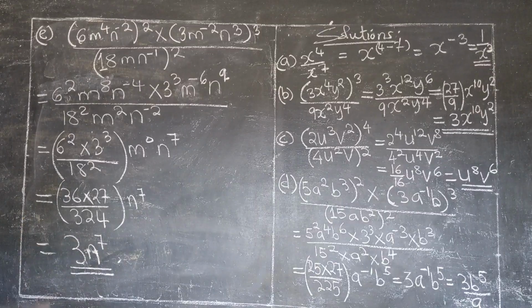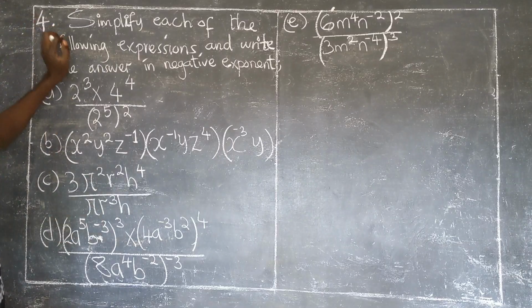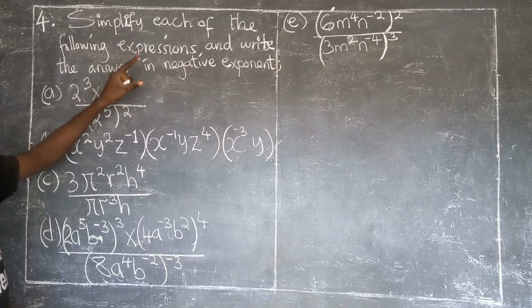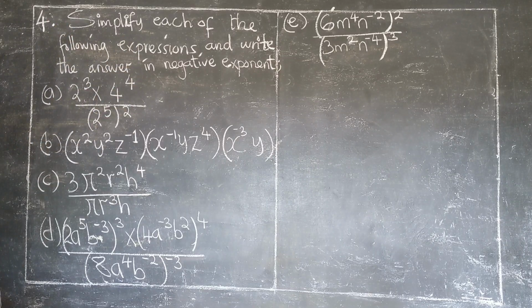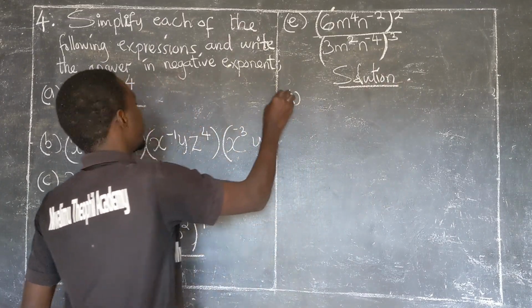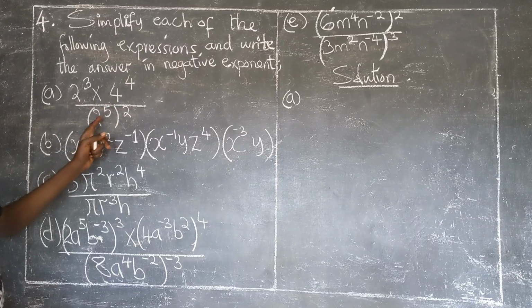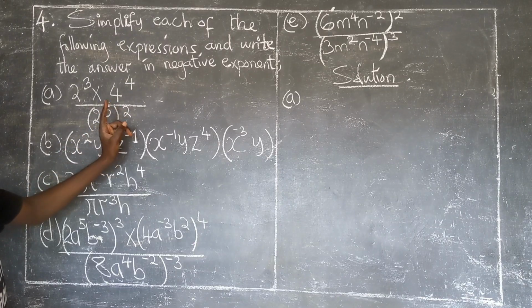After that, let's go to example 4. Here, this is example 4. It is stated: simplify each of the following expressions and write the answer in negative exponent. Let us start with A. 2 raised to 3 times 4 raised to 4 divided by 2 raised to 5, again raised to 2.